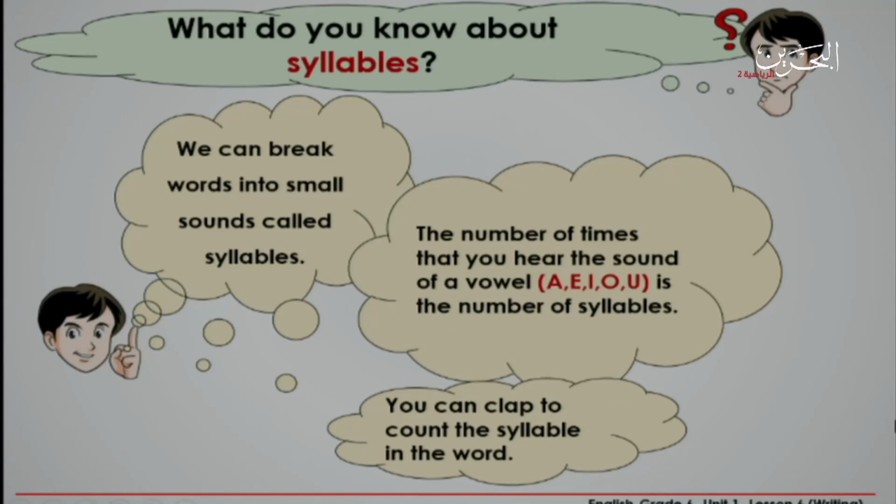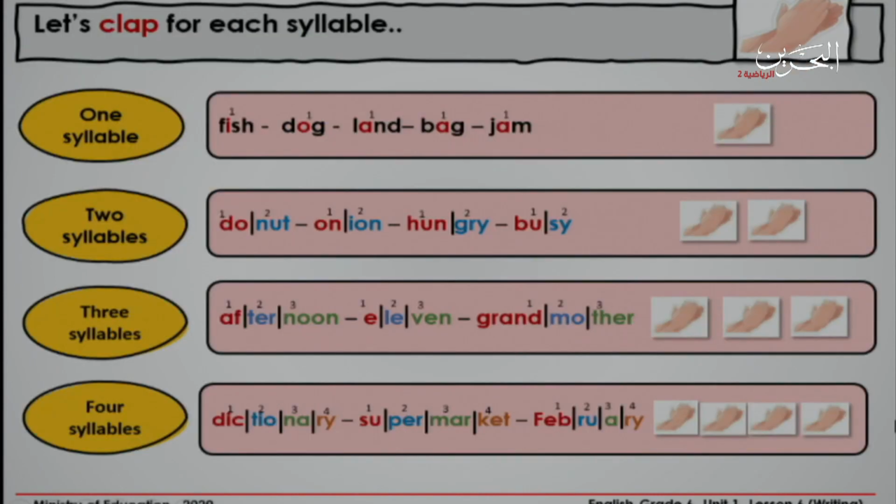You can clap to count the syllable in the word. This is a technique which usually helps kids to understand this lesson, is to clap when you hear the vowel sound. Let's take some examples.